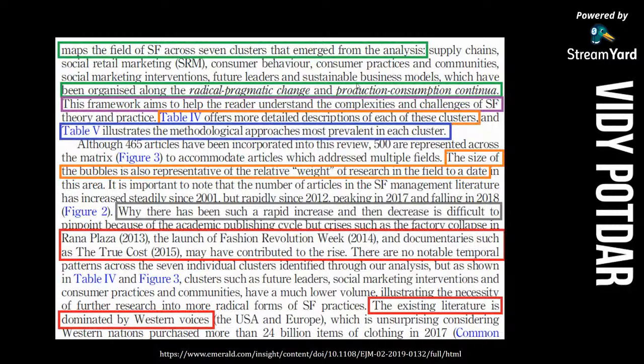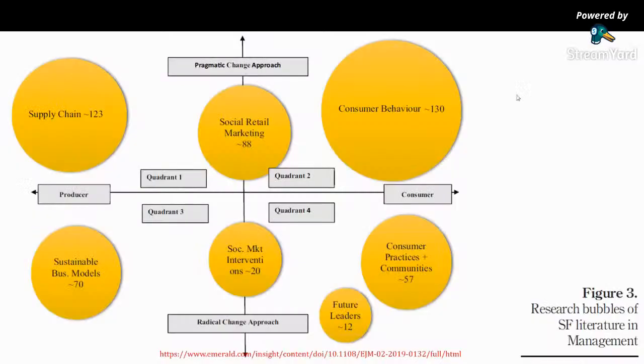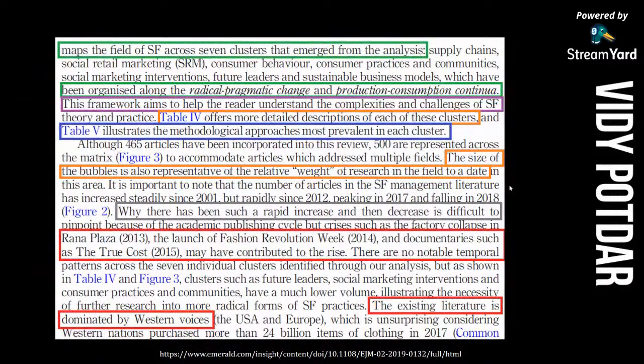So the previous figure maps the field of sustainable fashion across 7 clusters that emerged from the analysis. So these 7 bubbles are the framework that is used in this study, and they have come up with this framework. So they are not using an existing framework.